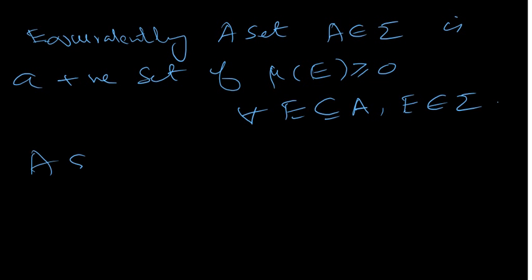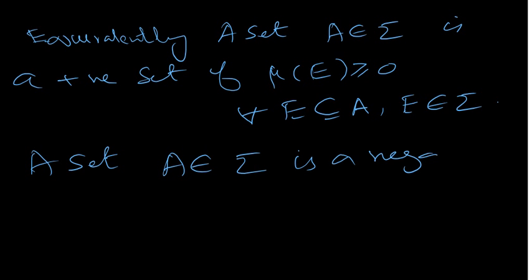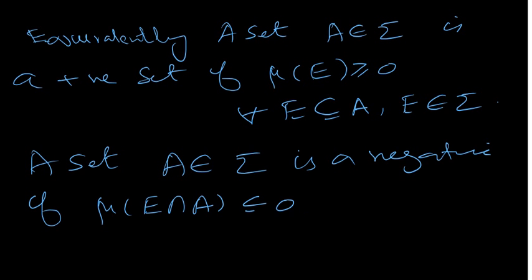A set A belongs to sigma is a negative set if mu of E intersection A is lesser equal to 0 for every E belongs to sigma.